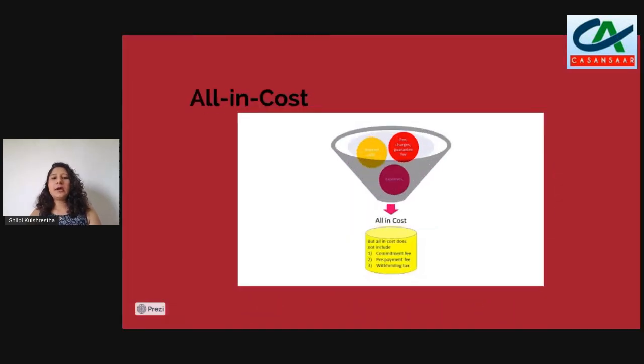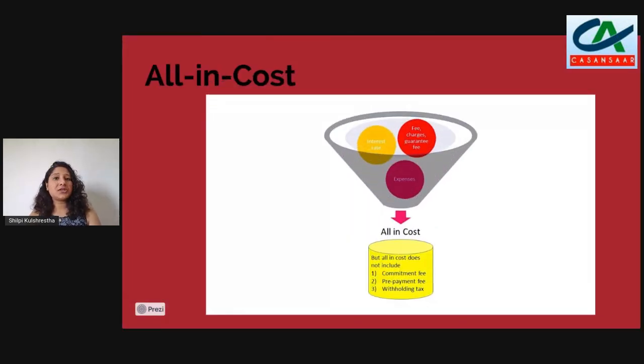Let's move forward to another definition, all-in cost. As the name suggests, whatever expenses you are incurring, whatever costs you are bearing to get the ECB, is your all-in cost. So what exactly is your all-in cost? All-in cost is your interest rate, fees, charges, guarantee fees, etc. If your lender is asking for a guarantee, and you are paying any guarantee fees, that would be part of your all-in cost.